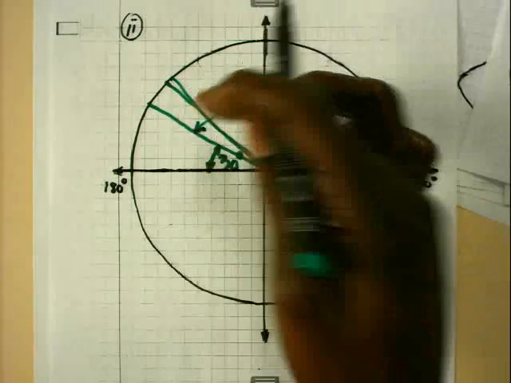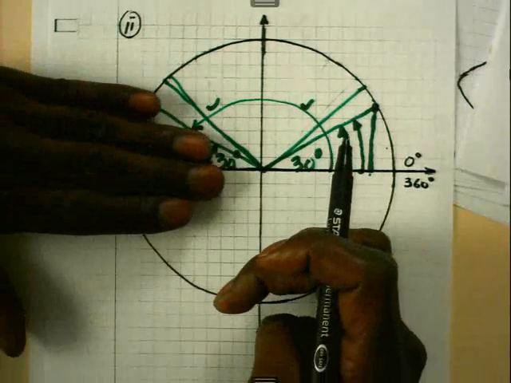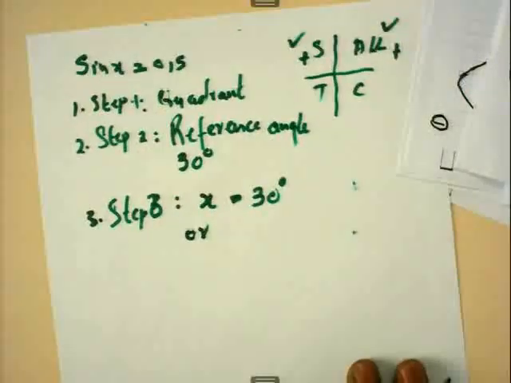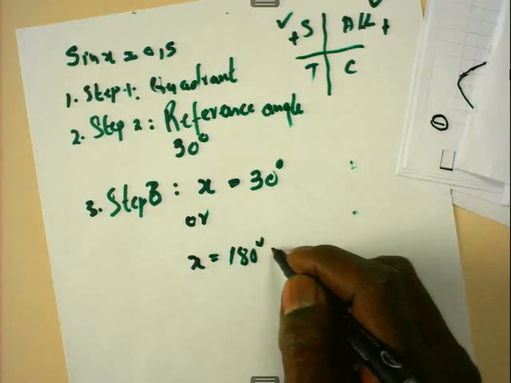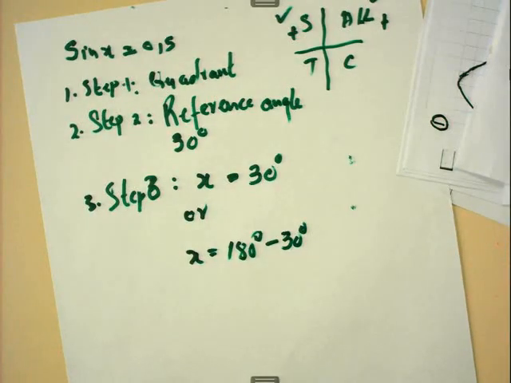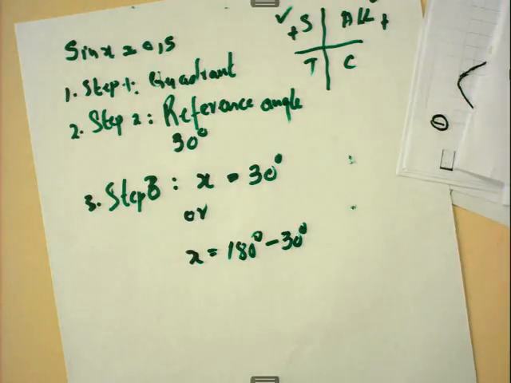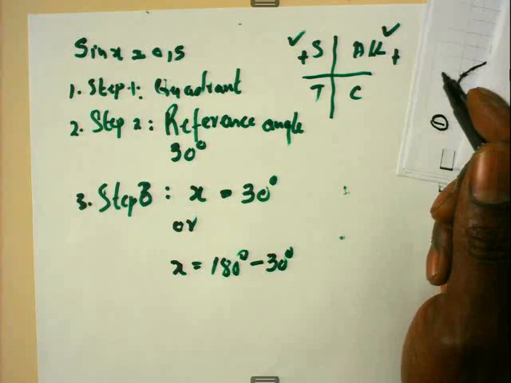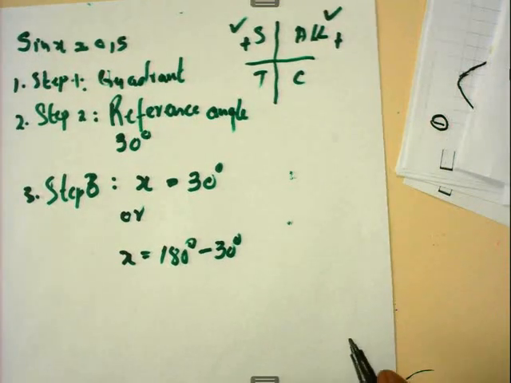This angle will be 180 degrees minus this angle of 30 degrees. And x is equal to 180 degrees minus that reference angle, which is 30 degrees. But now, before we can go any further, we must get to a situation where I was rotating for a number of revolutions to get the general solution for this problem.